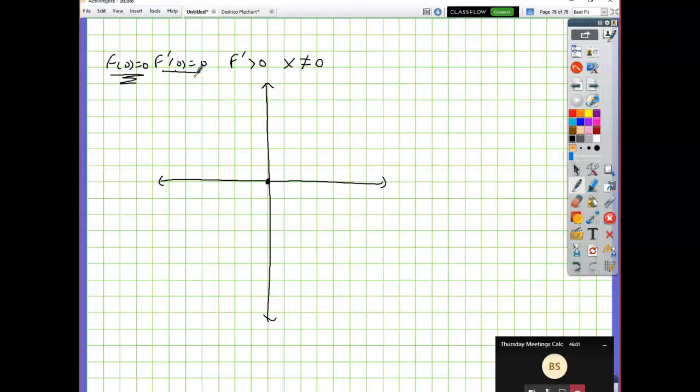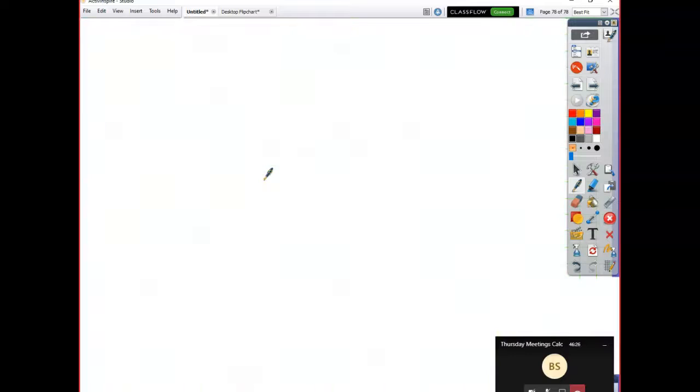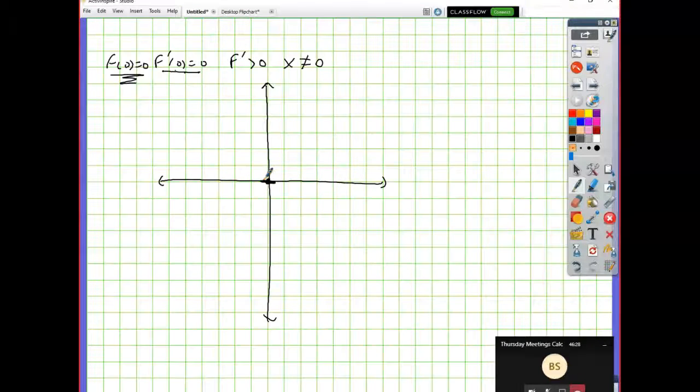The slope is 0, correct? That's what derivative 0 means. Okay. So the derivative is 0, so that means the slope here is 0. Now, when the derivative is greater than 0, what does greater than 0 mean?